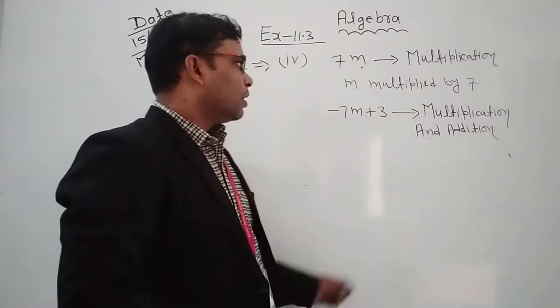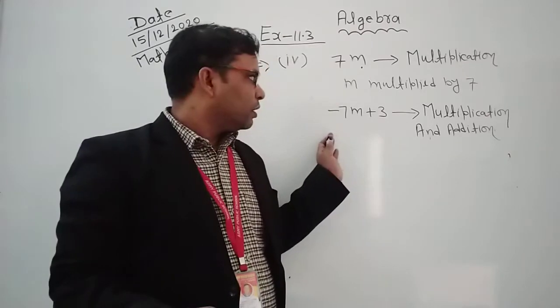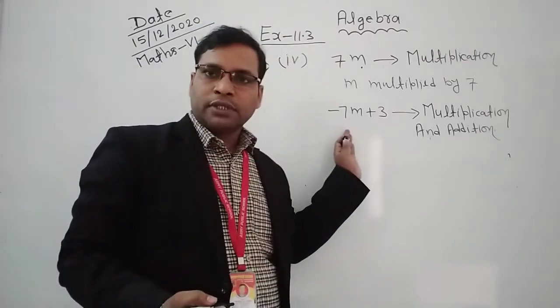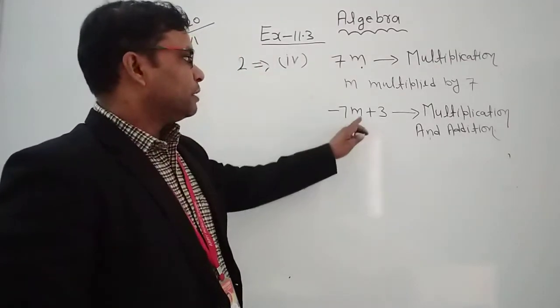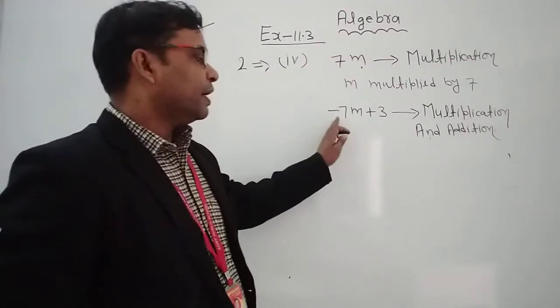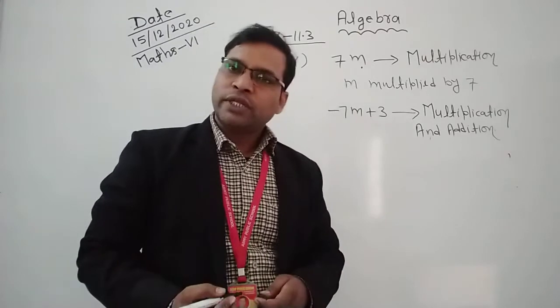Now we need to write how this expression has been found. You can write m is multiplied by minus 7 and then 3 is added to the result.